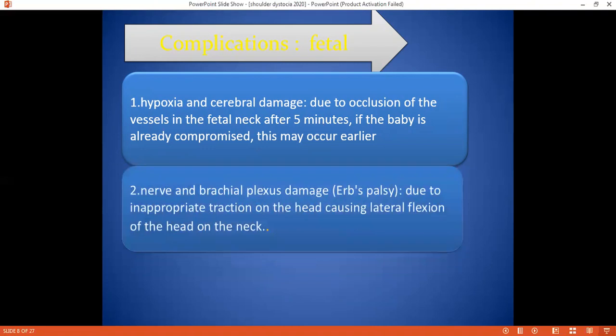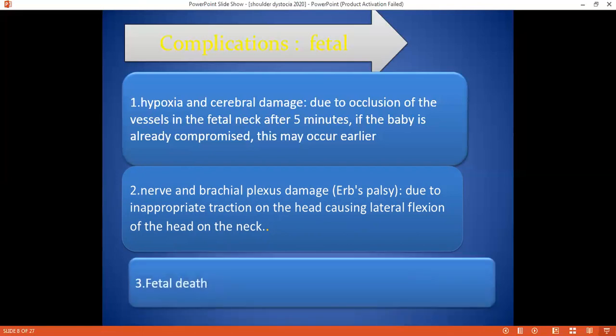Another complication is nerve and brachial plexus damage, Erb's palsy, because of the inappropriate traction of the fetal head. Meaning the nurse pulls the head forcefully to overcome this problem, and the end result is injury to the nerve, and this may end with a serious problem which is Erb's palsy that could be reversible, or if the nerves are detached completely, it will be irreversible.